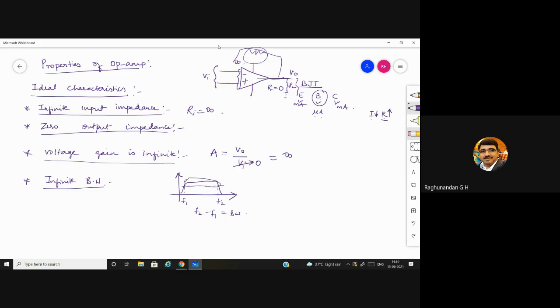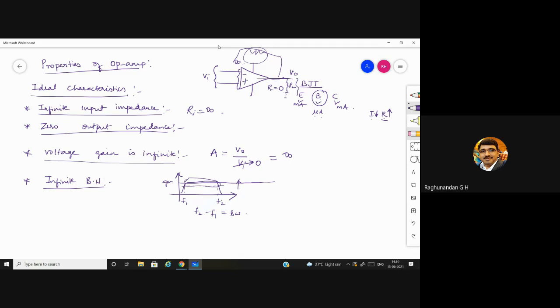because we are considering the frequency between F1 and F2, over which range you can observe the gain is maximum, because the y-axis is indicating gain. So if you are operating the op amp in this range, the gain will be maximum. But here they are telling infinite bandwidth, which means from the beginning to the end, everything will be maximum.